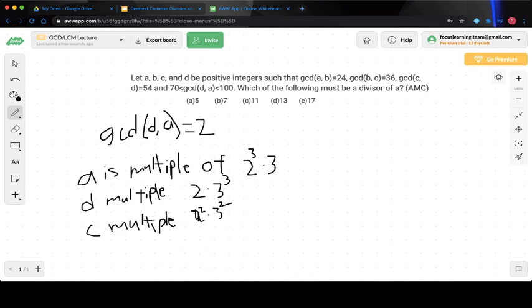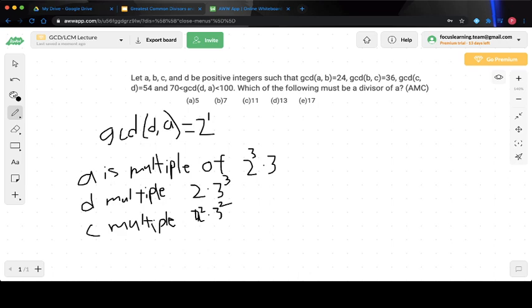So since C is a multiple of 4, if D was also a multiple of 4, the greatest common divisor of C and D would have to have at least 2 powers of 2. So that means D only has 1 power of 2 in it. As a result, the greatest common divisor of A and D has only 1 power of 2.